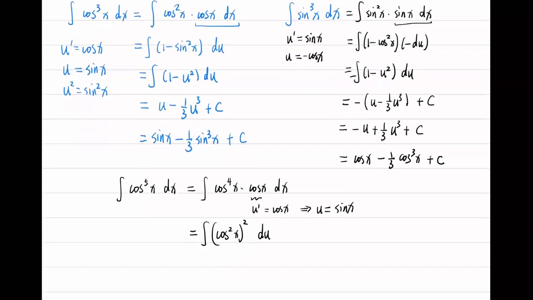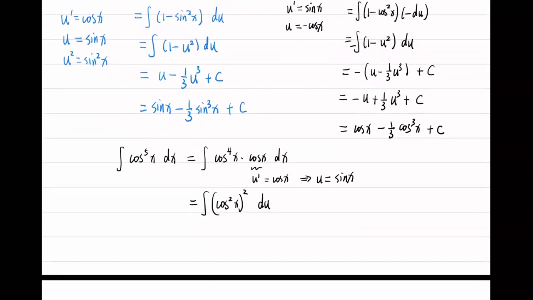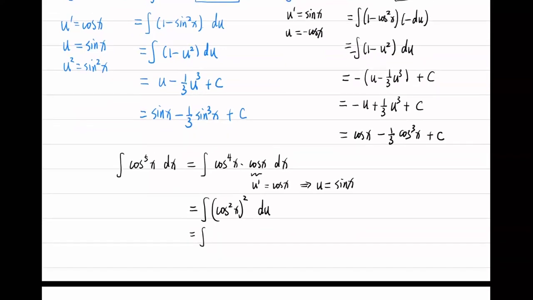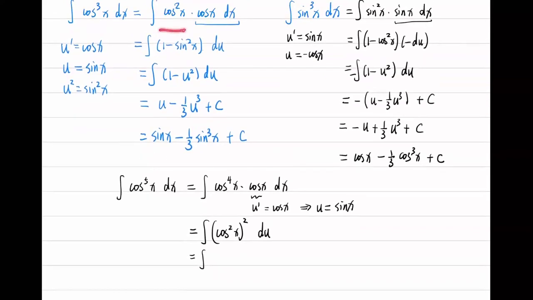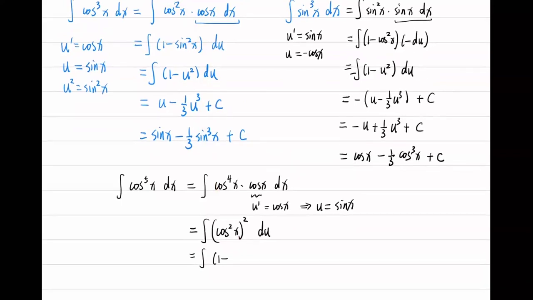Cosine square. Okay, Sophia, what's cosine square? One minus sine square, so 1 minus u square, squared, du.